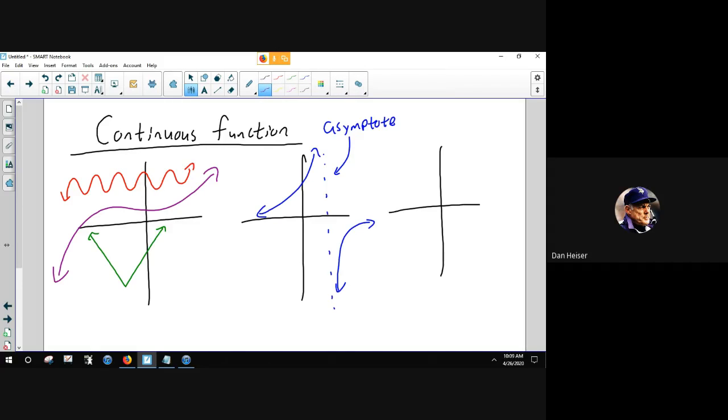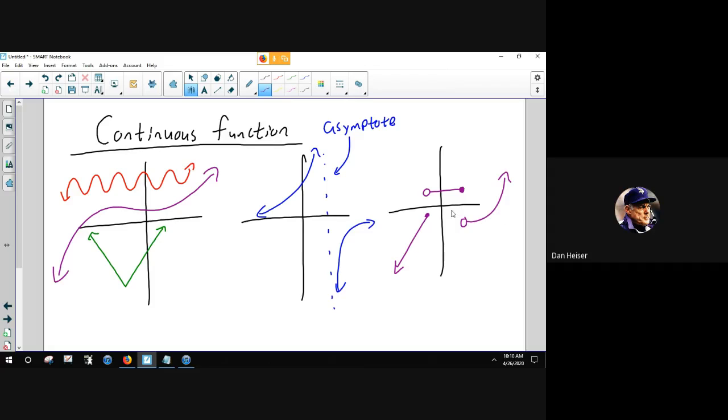Here's another example of not continuous. Now this is a kind of a weird looking function. This is called a piecewise function, and we'll talk more about piecewise functions in a later lesson.